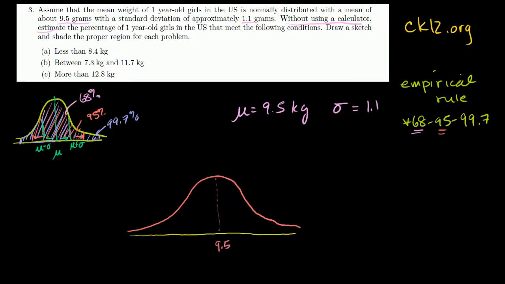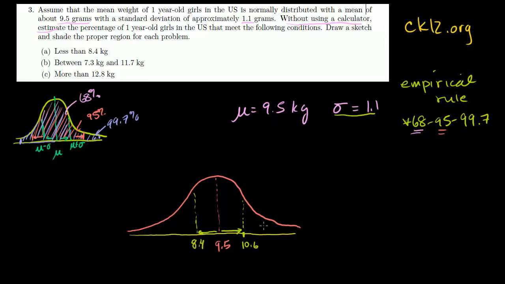9.5 is the mean. I won't write the units. It's all in kilograms. One standard deviation above the mean, we add 1.1 to that, because they told us the standard deviation is 1.1. That's going to be 10.6. Let me draw a little dotted line there. One standard deviation below the mean, we subtract 1.1 from 9.5, and that would be 8.4.